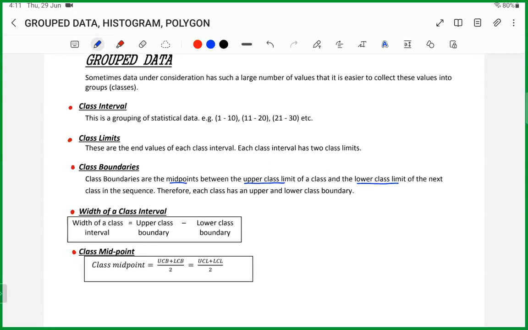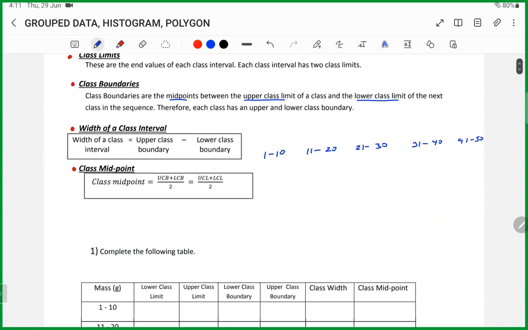So the groupings are 1 to 10, 11 to 20, 21 to 30. Now there are 2 more, 31 to 40. And then we have 41 to 50. Okay, those are the groupings, right? I have it in our table here.